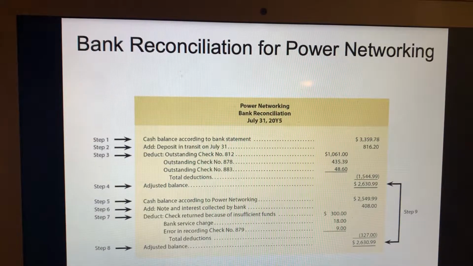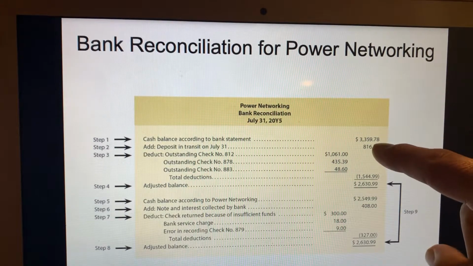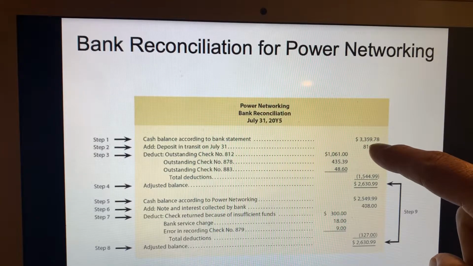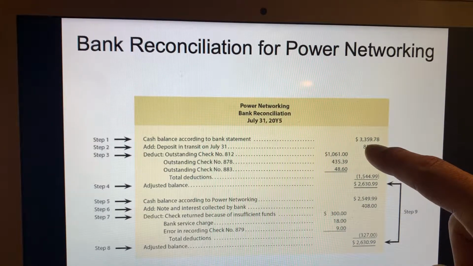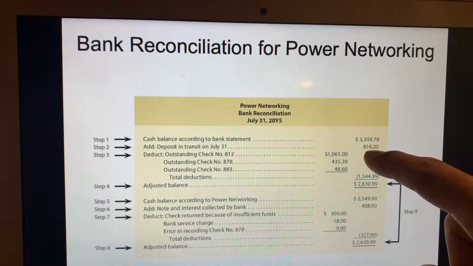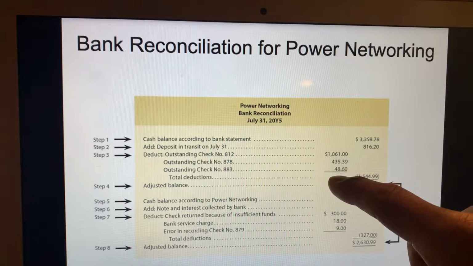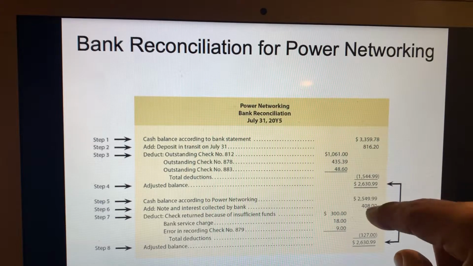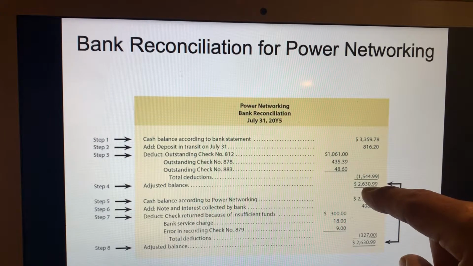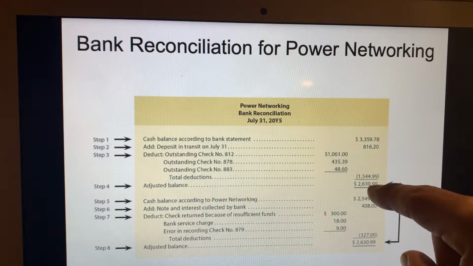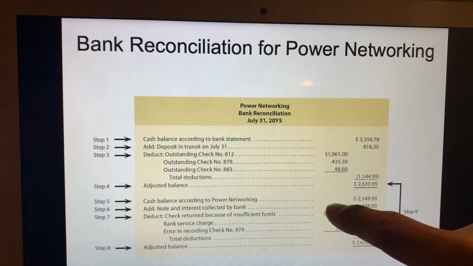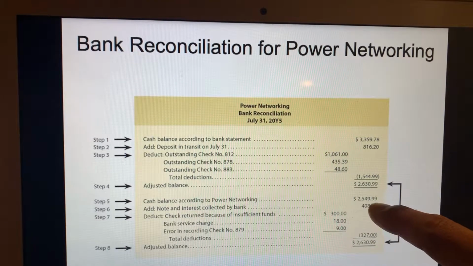So here's what this looks like. This is on the Power Network side. Balance according to the bank was $3,359.78. Add the deposit of $816.20. Now we deduct our outstanding checks of $1,544, so we get $2,630.99. We go to the cash balance according to Power Network's books, $2,549.99.